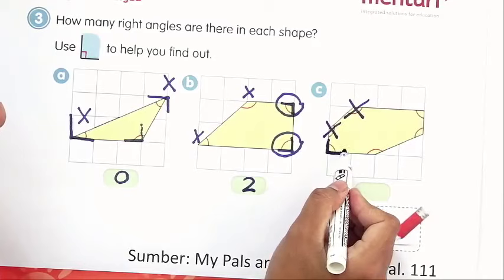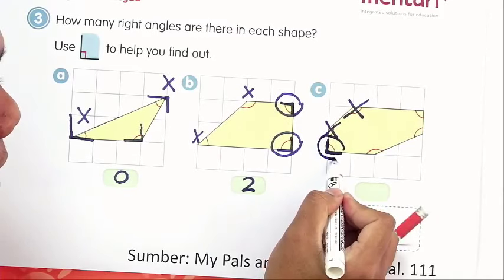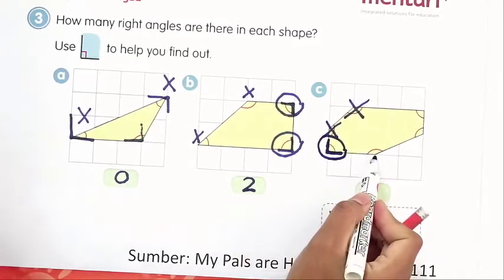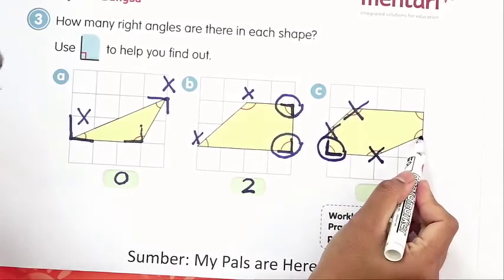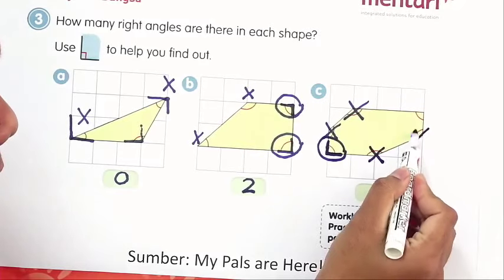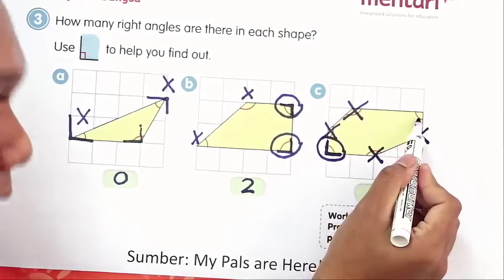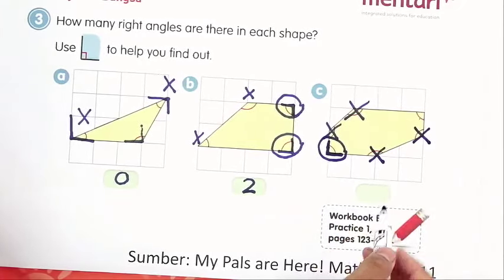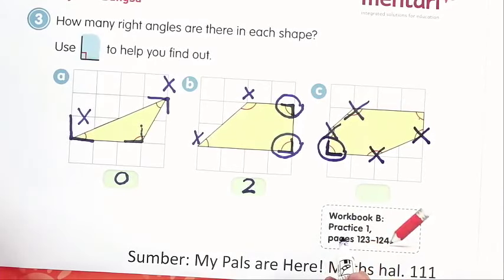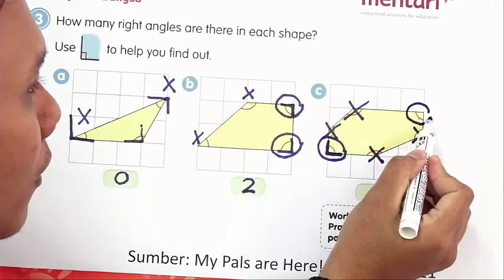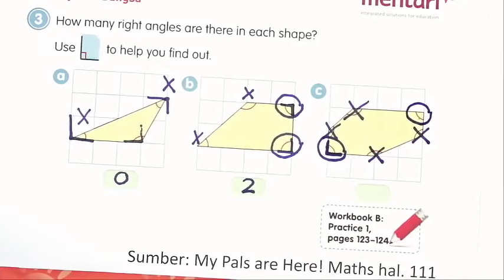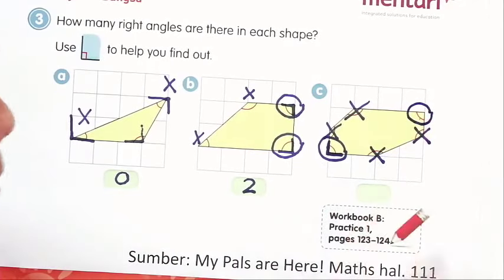This is a right angle, and this is not. And this one is not a right angle. And this is a right angle. If you are not sure, you can use the folded paper that we made just now.